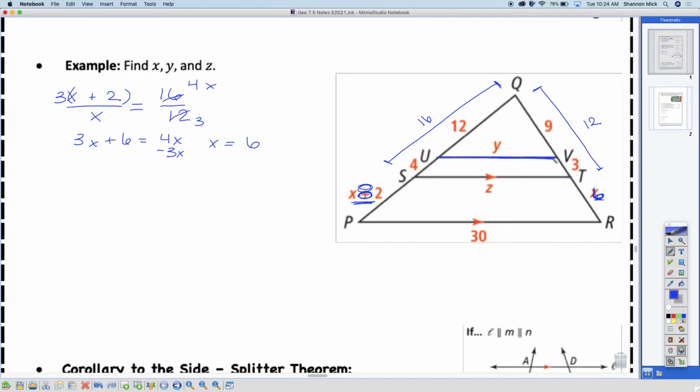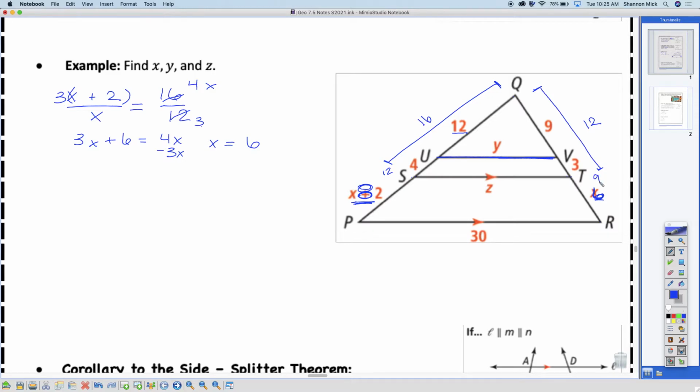UV up on the left is what? 12. UV down on the left is what? 12. Because it's 4 and 8. UV up on the right is what? 9. UV down on the right is what? 9.